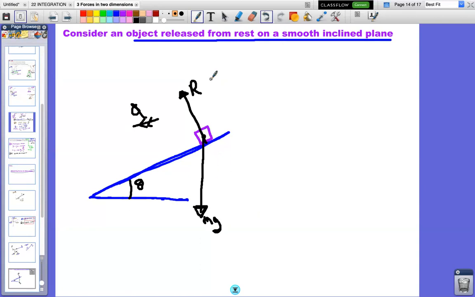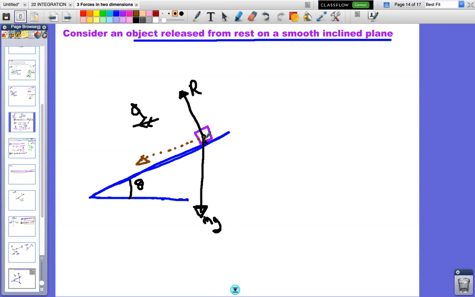However, you will not be able to find the acceleration this way, because the acceleration is neither vertical nor horizontal. It's along the plane. So you will have to resolve these forces along this plane and perpendicular to the plane. Okay, so this is where this is going to be very useful.